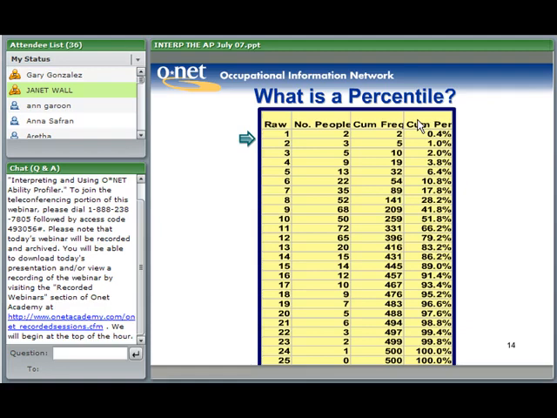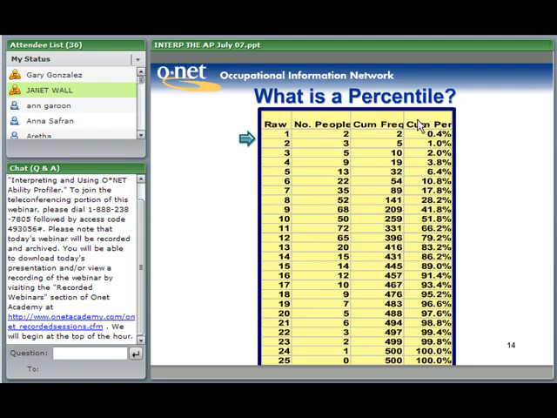So we start with a cumulative frequency of 2, and then we add 3 people to that, giving us 5, and then 5 more people giving us 10, and 9 more people giving us 19, and 13 more people giving us 32, and so on down the line. We just keep accumulating until we get to the 500 people that have taken this particular test.